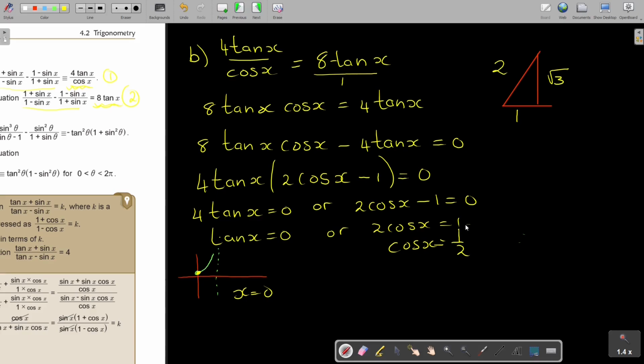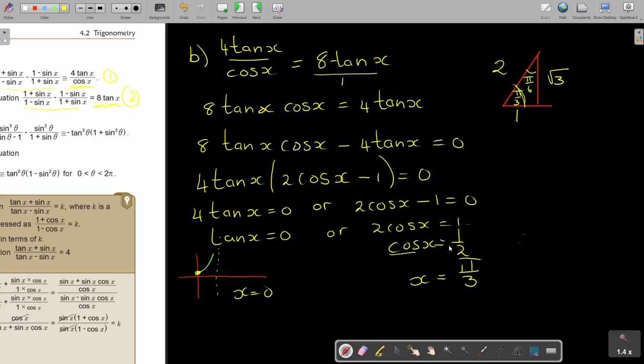Because remember, this is 60, so it's pi over 3, and this is 30, so pi over 6. So if I say cos is a half, so it's adjacent over hypotenuse. So it will be from this angle. So I can say that x is equal to pi over 3.